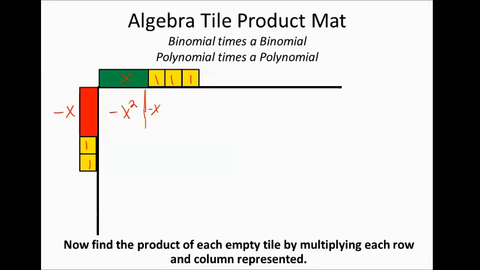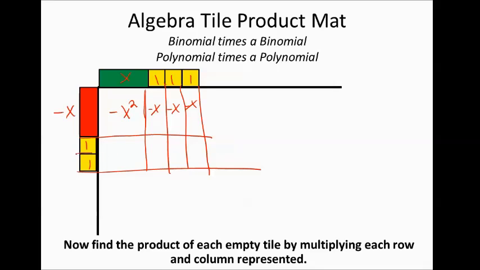So if I draw my squares in, and then negative x times 1 is negative x again, negative x, and then now let's separate these. So for here I get 1 times x, which is x, 1 times x is x, and then 1 times 1, I have 1 times 1 all the way for 3, so that's 1, 1, 1, and 1 times 1 again, 3 times is 1, 1, 1.